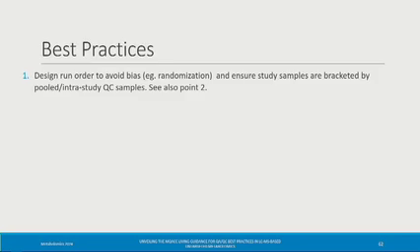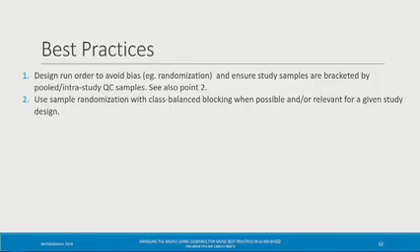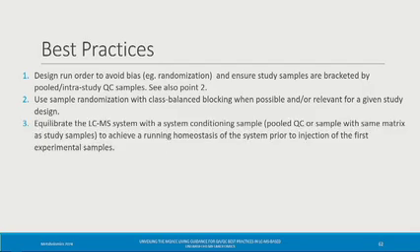So in other words, we want to randomize how we run our samples and ensure also that our study samples are bracketed by pooled QC samples and other QC samples. Quite often, it's a good idea to have class balance blocking, and I'll have an image that shows what I mean by this later on. This also helps avoid any biases in the results.